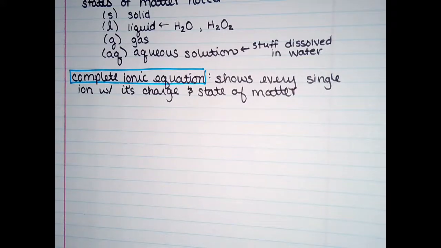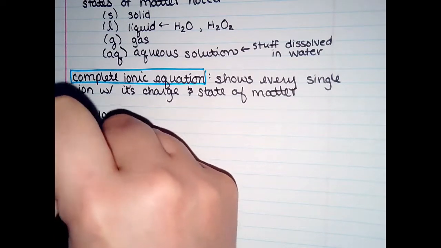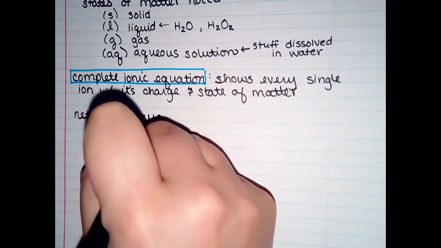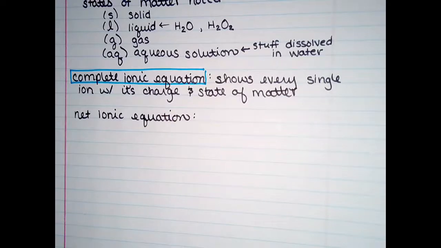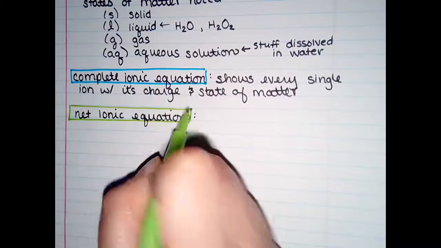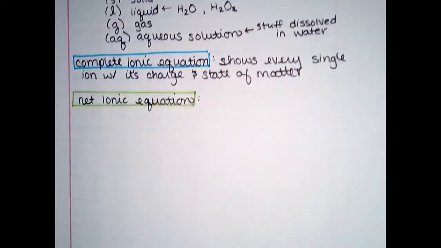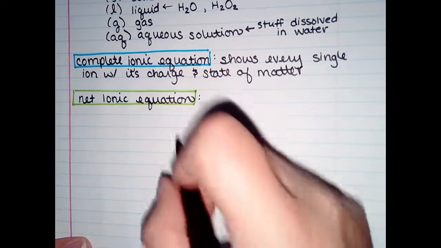Once you have this complete ionic equation, then you'll go to the net ionic equation. This shows only the ions and product involved in the chemical reaction.